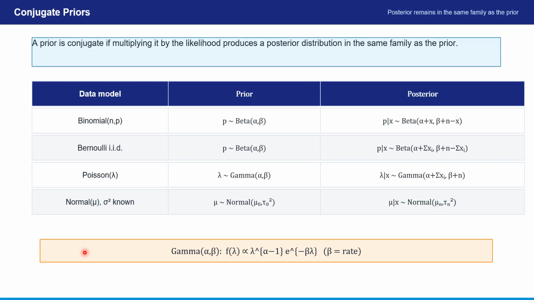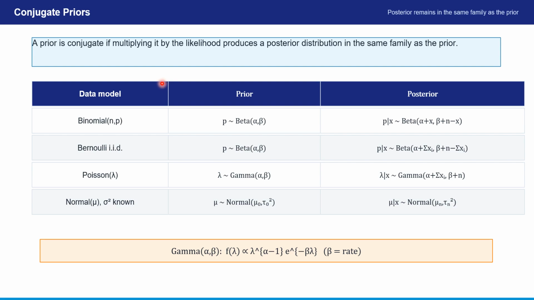Okay, let's talk about conjugate priors. A conjugate prior is a prior that gives a posterior in the same family as the prior. This makes Bayesian updating easy because the posterior has a known form.